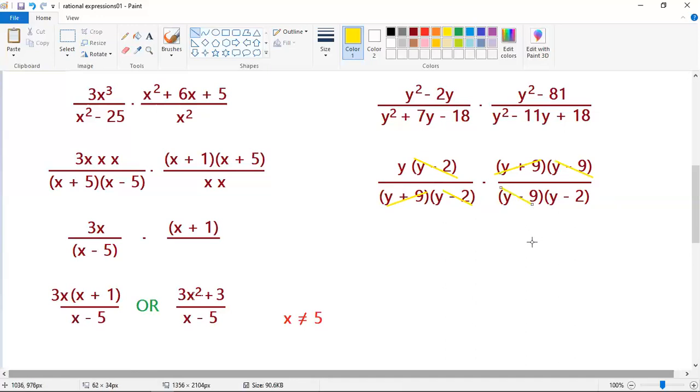So we are left with y over y minus 2. We understand this answer because of the cancellations we did. Now with restrictions, the denominator cannot be 0, so y cannot be positive 2.